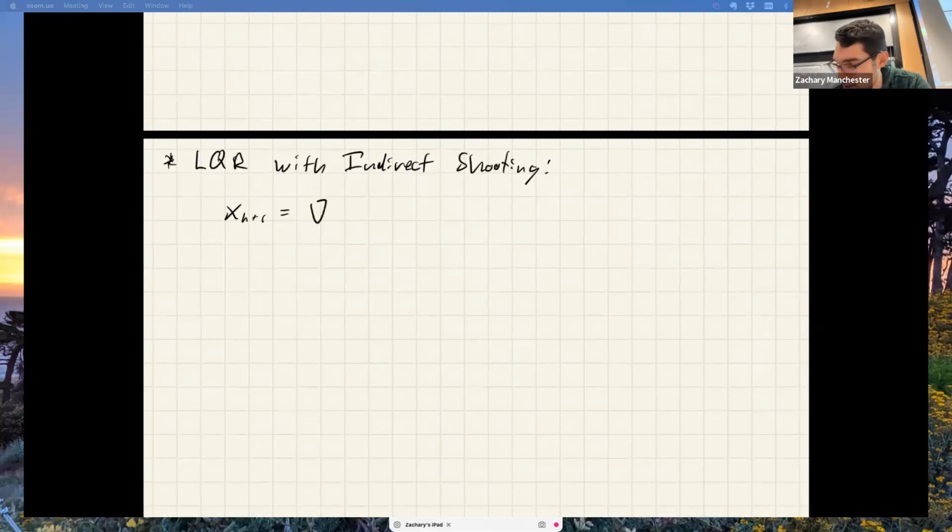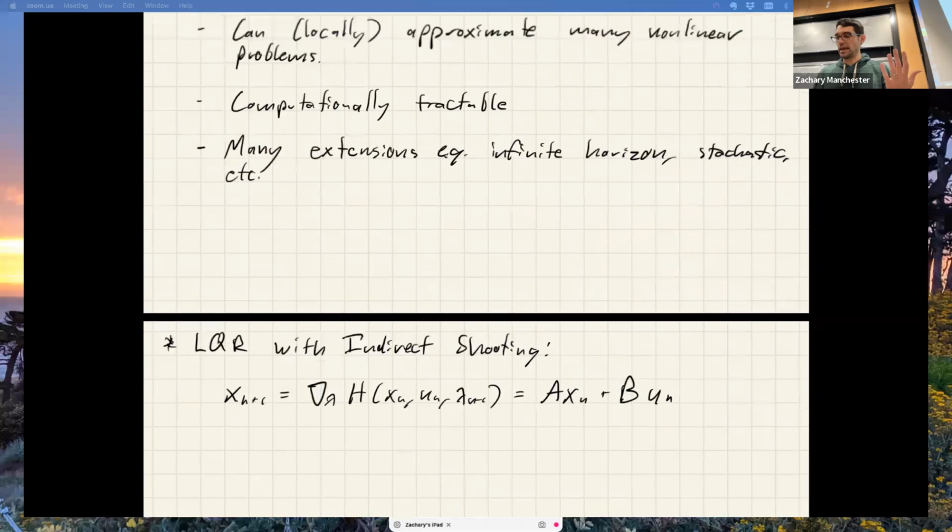So it looks like this, right? This is lambda of the Hamiltonian, and this is just the dynamics. Also, here I'm going to do the time invariant version, so that the A's are all the same for all k.